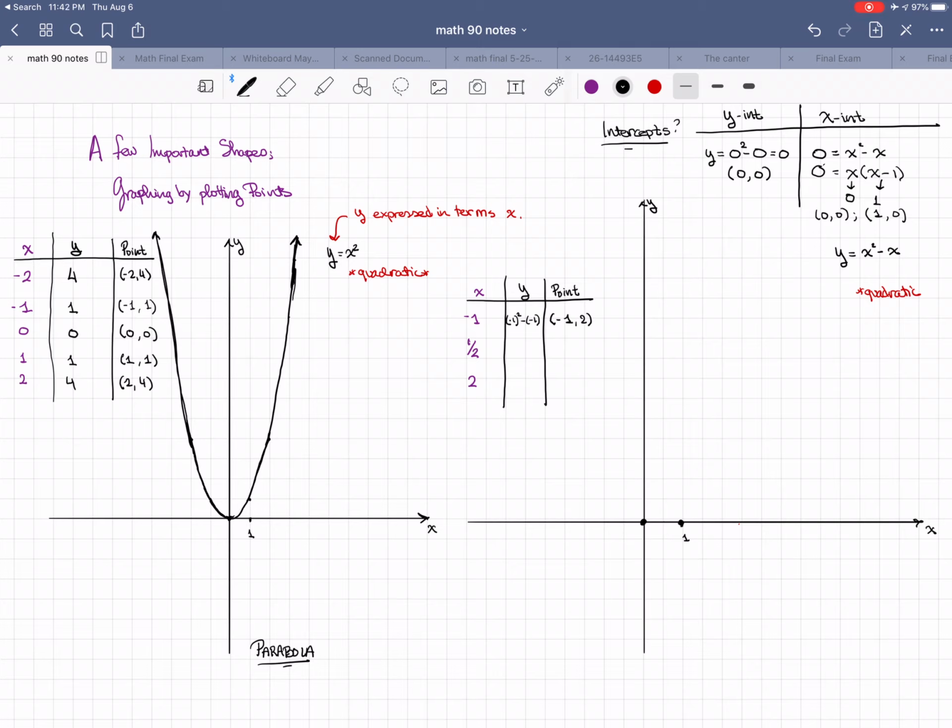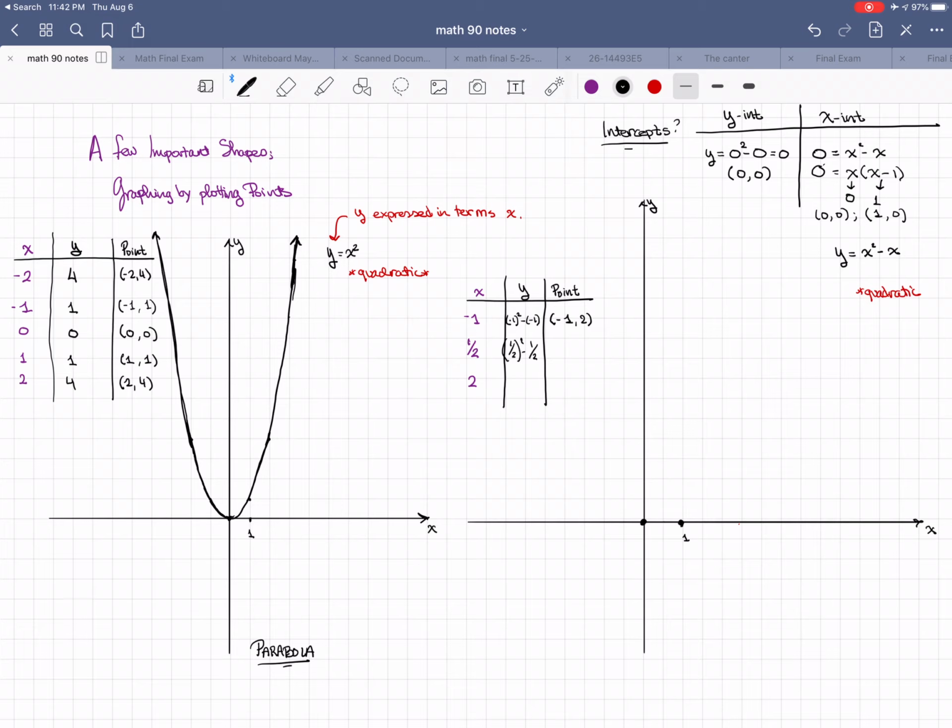Okay. For 1/2, don't shy away from trying fractional coordinates. They will come up, and I think it's important to try them. So for 1/2, you'll have 1/2 squared minus 1/2. 1/2 squared is 1/4 minus 1/2.